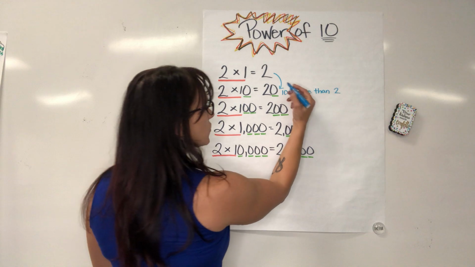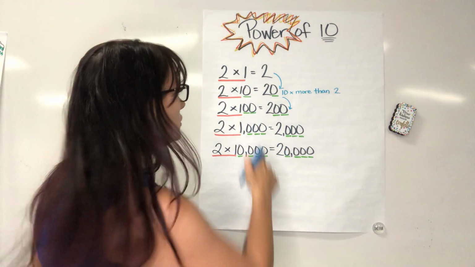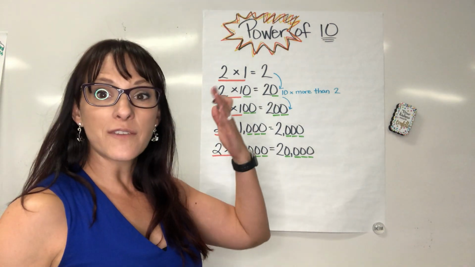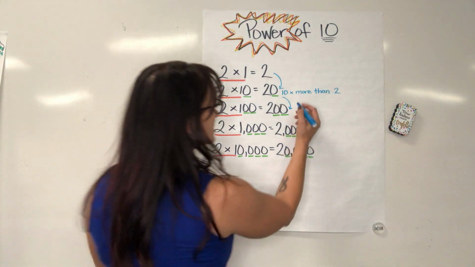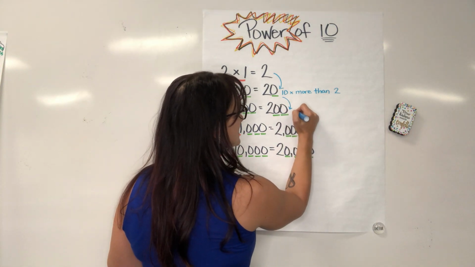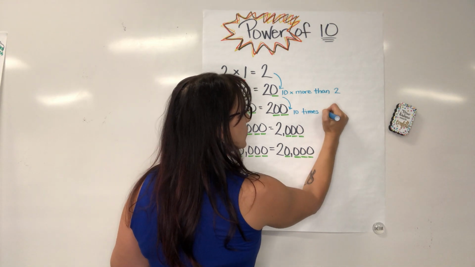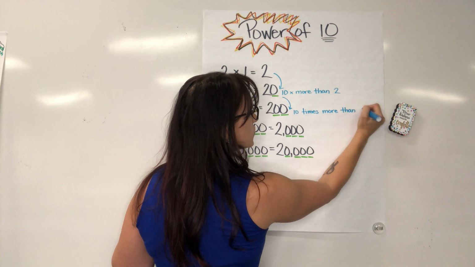So 20 going to 200, you have to multiply by 10. So to get from 20 to 200, you have to go 10 times more. So this is 10 times more than 20.